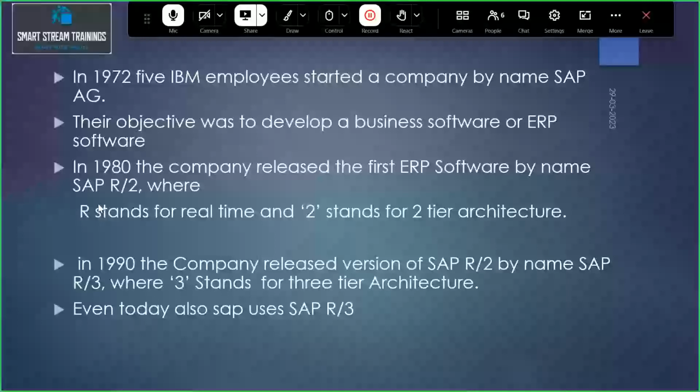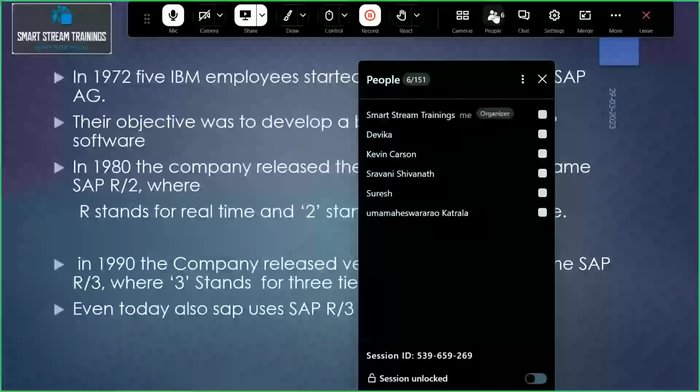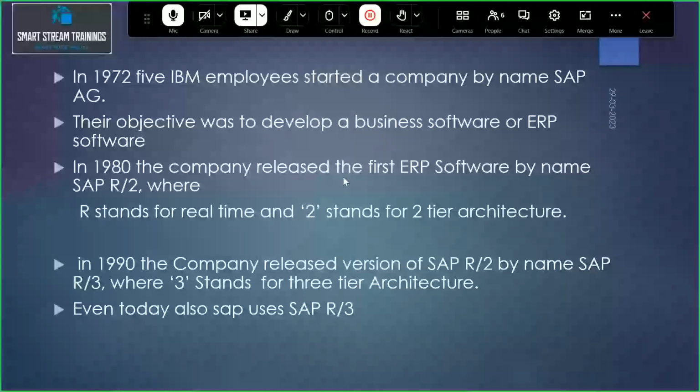In SAP, as I already told you, this was designed in 1972. At this time, five IBM employees first started it. Whenever they started this, they maintained R/1, R/2, R/3. R means real time, and the numbers one, two, three are architectures. There are three types of architecture.